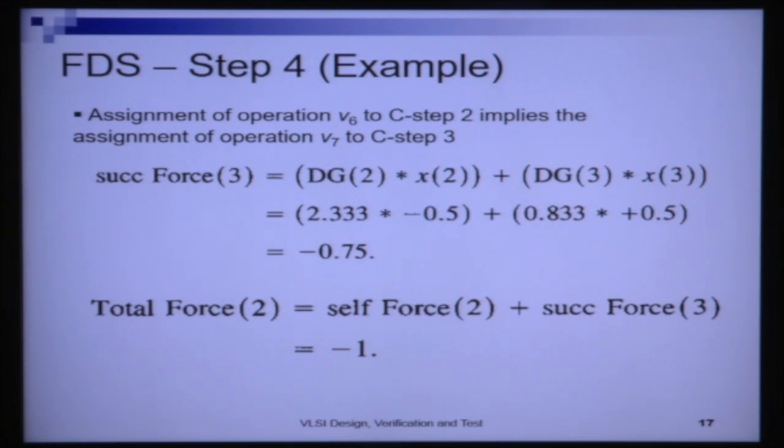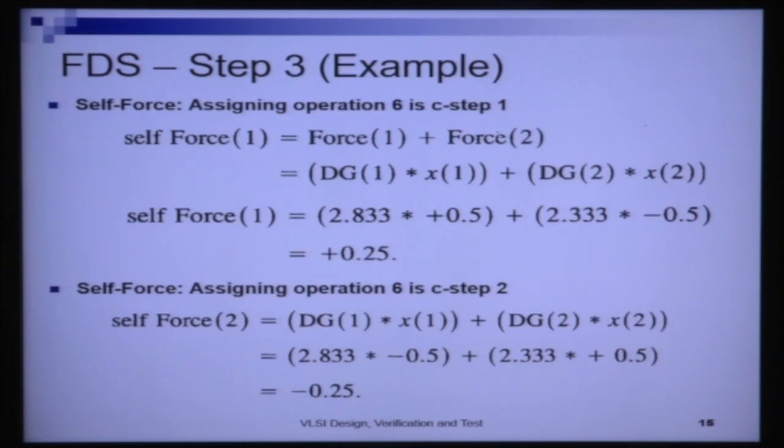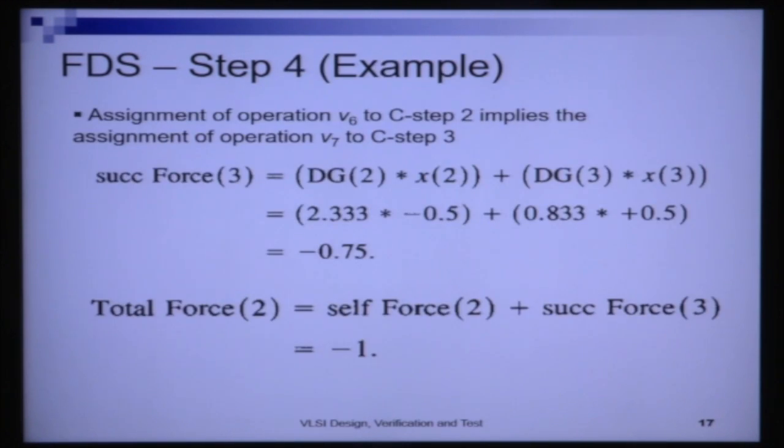Because the successor force is now given by the scheduling of operation V7 at time step 3. So, the total force for scheduling the operation V6 at time step 2 is the self force of V6 at time step 2, which was minus 0.25, plus the successor force which it induces on V7, which is minus 0.75. So, the total force becomes minus 1.